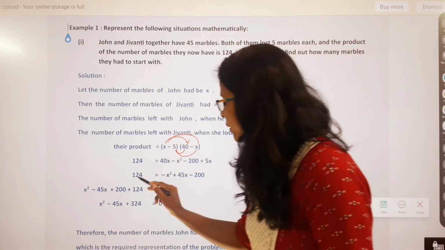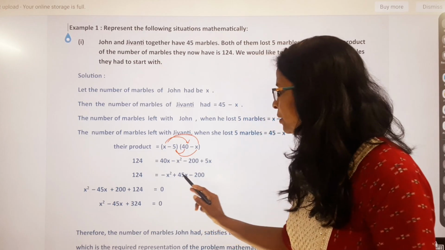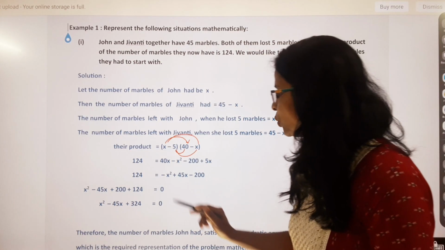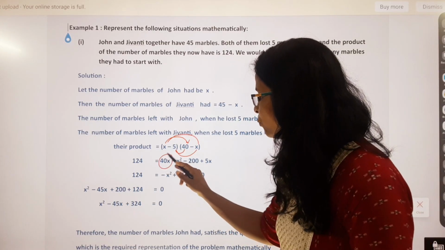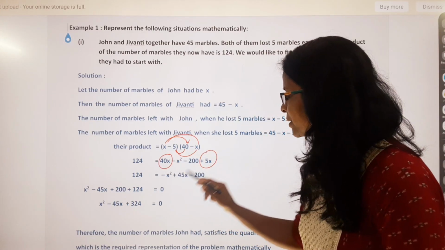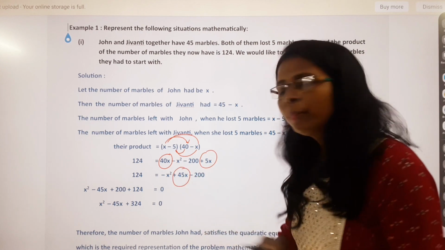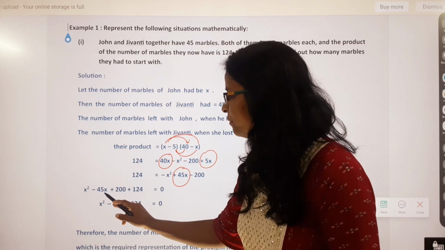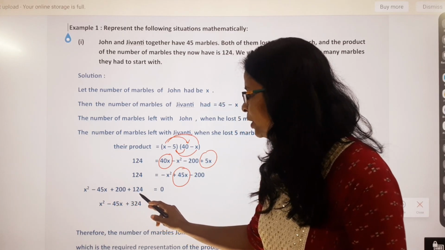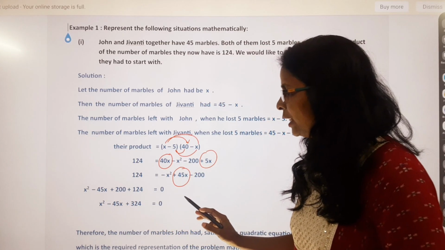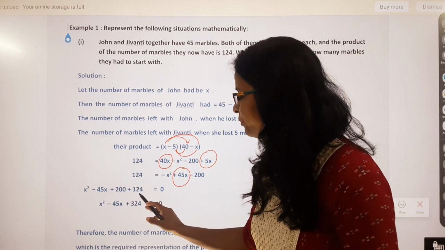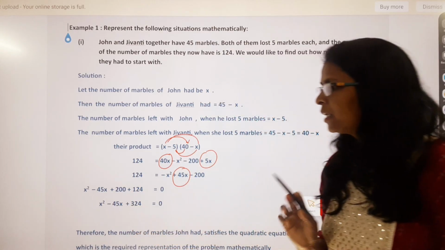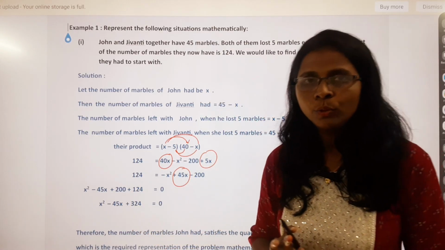Now here 124 is equal to minus x square plus 45x minus 200, because 40x plus 5x is 45x. So here x square minus 45x plus 200 plus 124 is equal to 0. Now adding 200 and 124, we get x square minus 45x plus 324 is equal to 0.